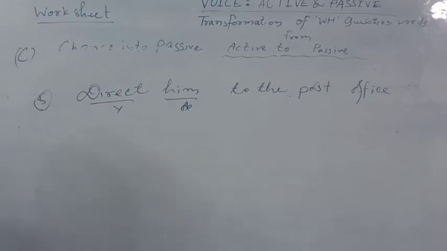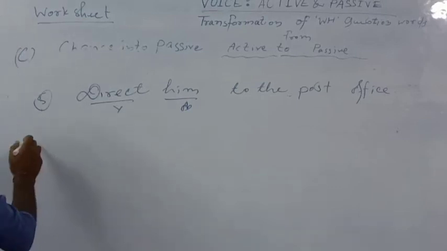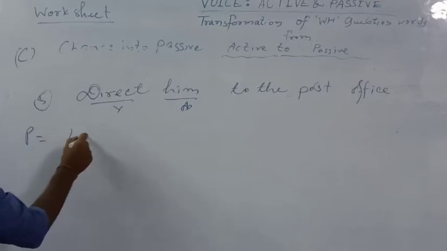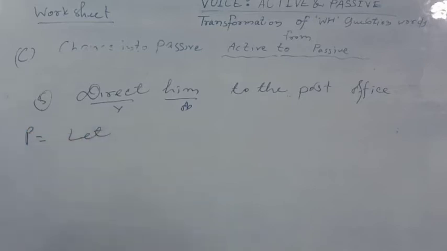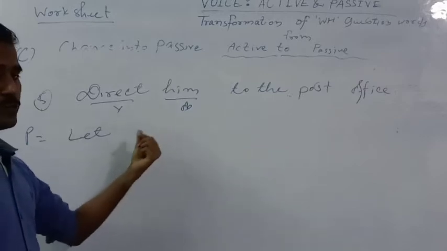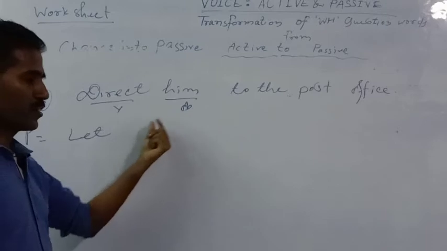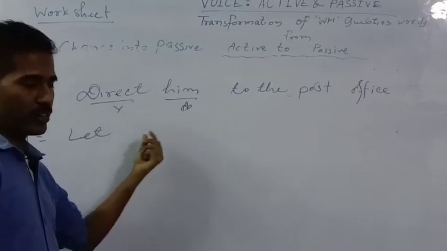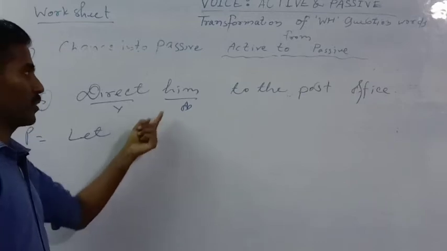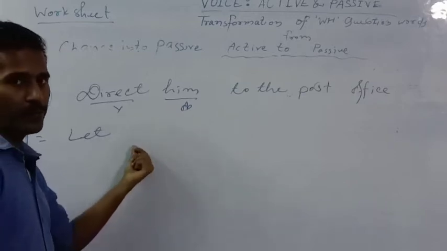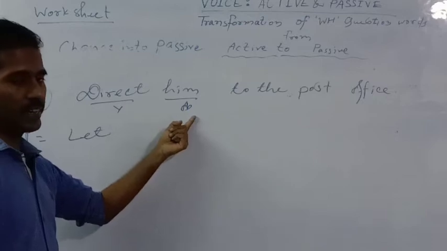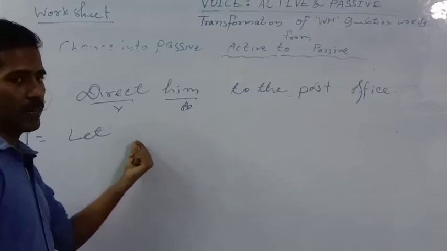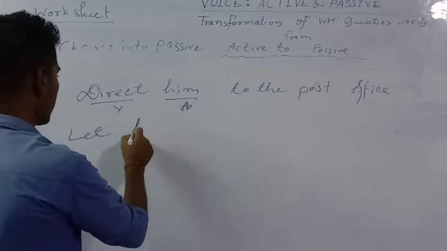So the same we will do. In passive, what will come? First we have to write let. After let, a new subject. The object of the active voice will turn into the new subject. The object is him. In active it is him, in passive it will become he.